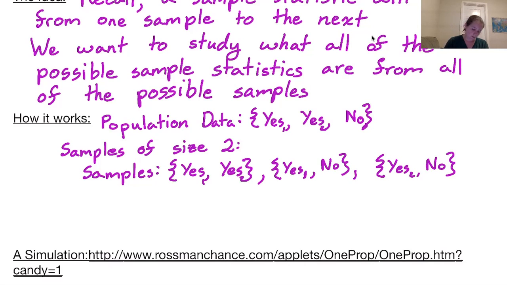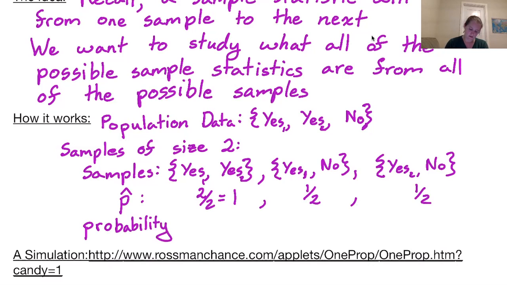Then if we look at the sample proportions, our p hats, if we're looking at the proportion of yeses, this first one is 2 out of 2, or 1. And then we have a 1 out of 2 and a 1 half. So our distribution here would be that 1/2 appears 2/3 of the time. So we can now pair this with our probability, just like we had for our probability distributions.